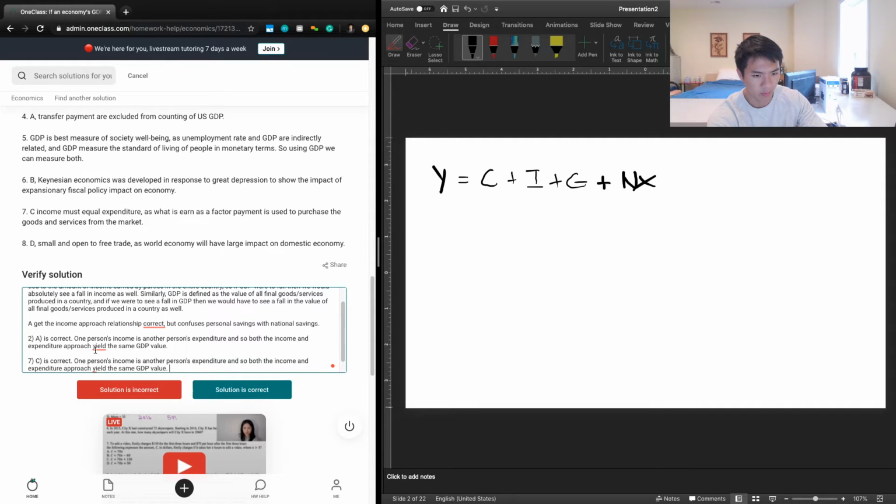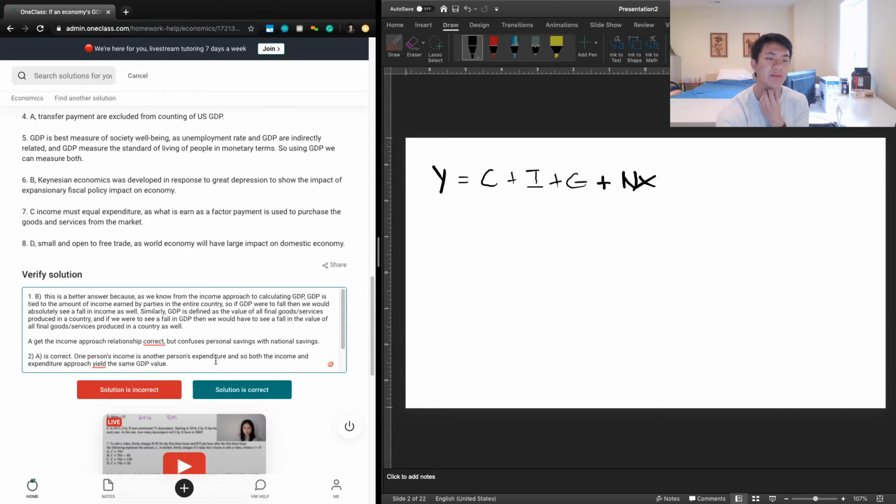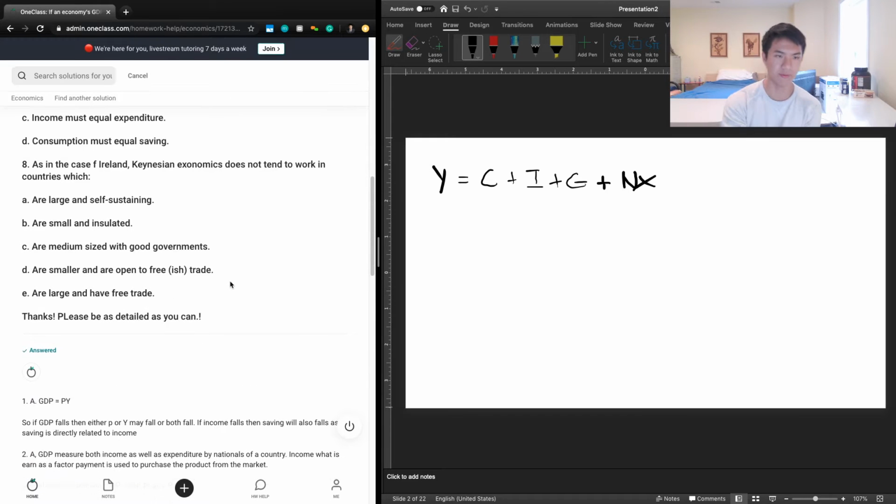One person's income is another person's expenditure, and that is why the income and expenditure approach yield the same GDP value. And so that would be what we end up talking about for this question here.